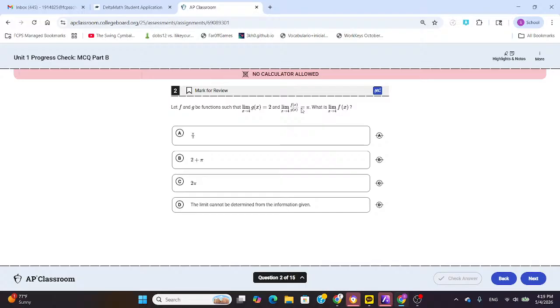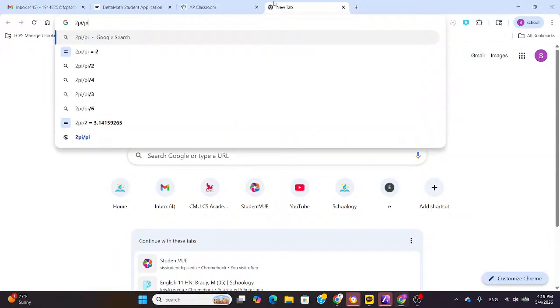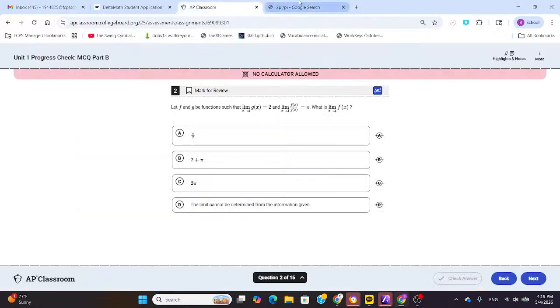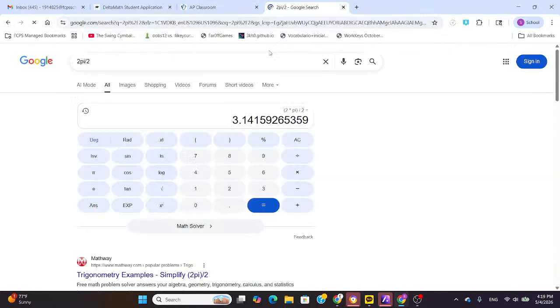The only thing that works is 2 pi on top: 2 pi divided by 2 equals pi.